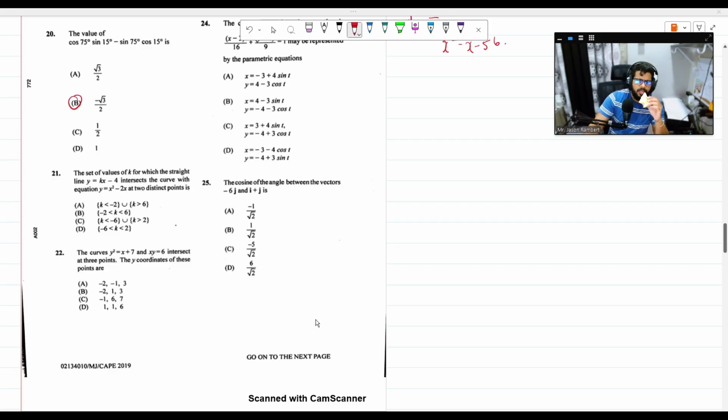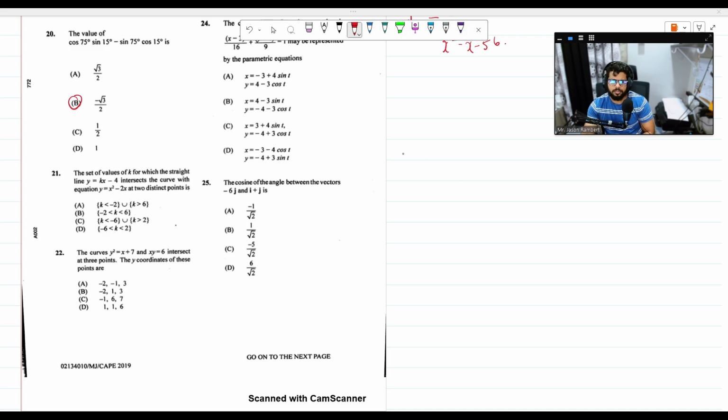The set of values of k for which the straight line intersects the curve with equation at 2 distinct points is, right, plug in. Alright, let me solve them simultaneously, right?